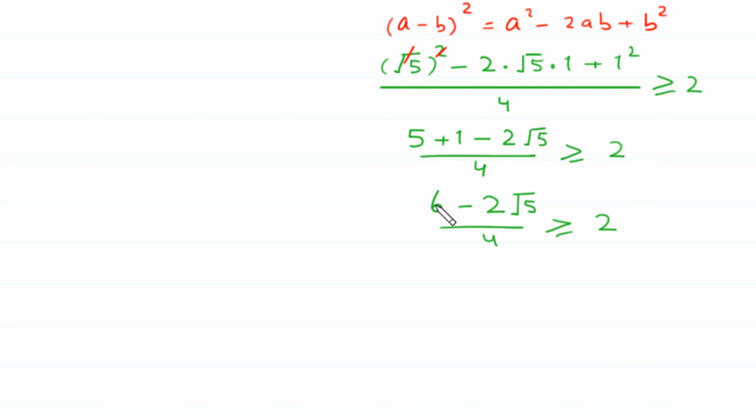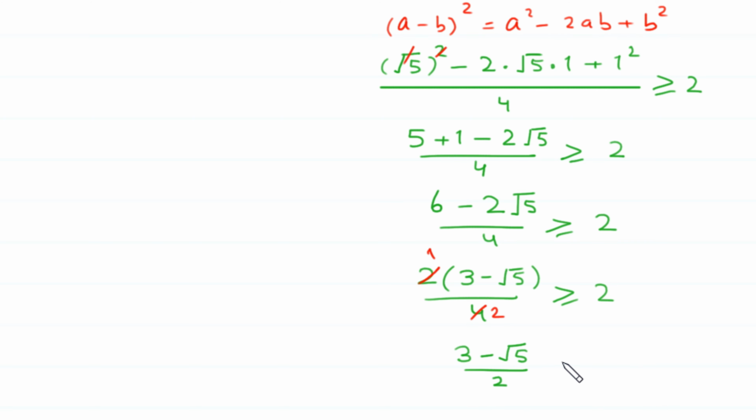Now we can factor out 2 from here. 2 times in bracket left 3 minus square root of 5 over 4 is greater than or equal to 2. From here 2 one time and 2 times 4, and here left 3 minus square root of 5 over 2 is greater than or equal to 2.